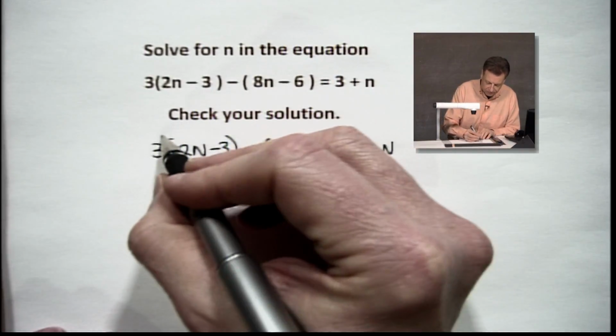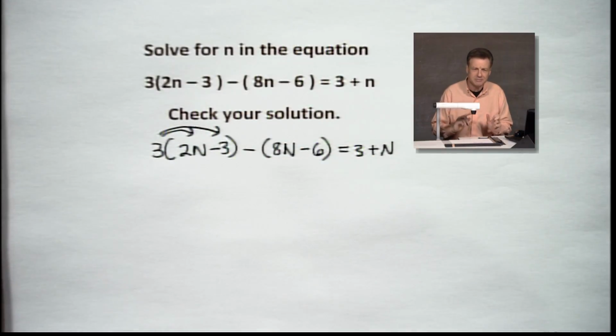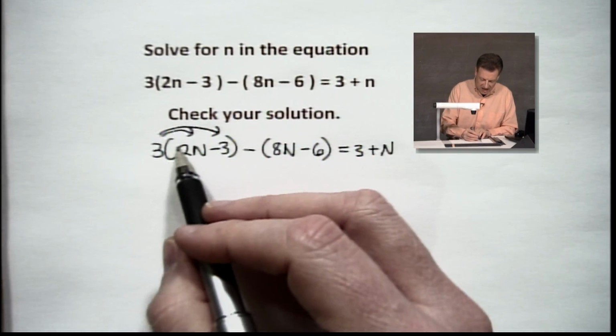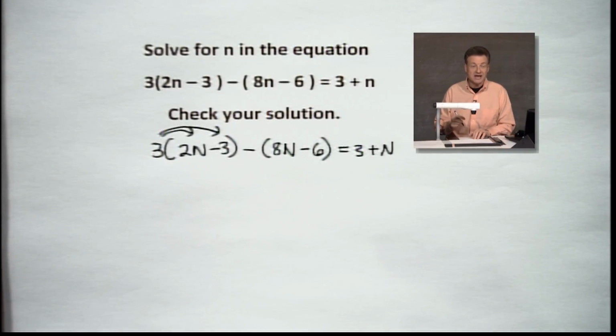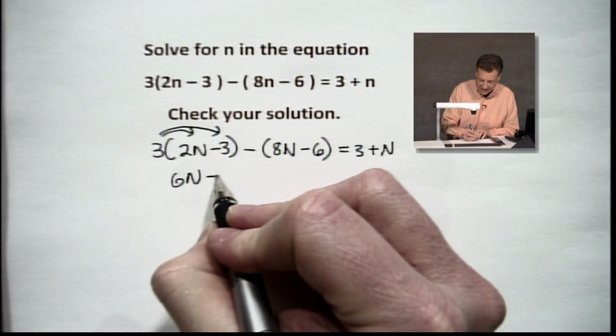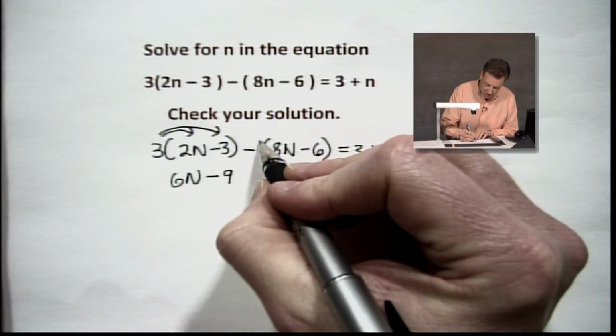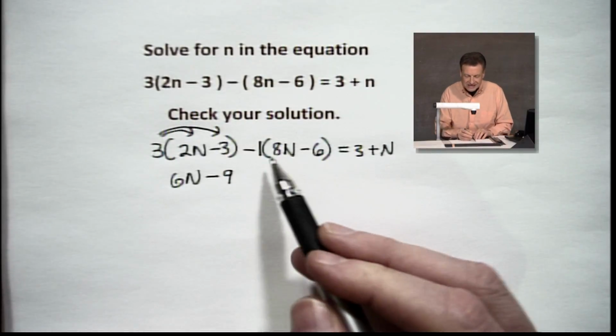We're going to start with the distributive property, and then we'll look for some like terms, and there are plenty to be had in this problem. So we've got 3 times 2n, which is going to give us 6n. Now we're going to have a minus 9 right there. For those of you who like to, I tend to put a 1 in there.